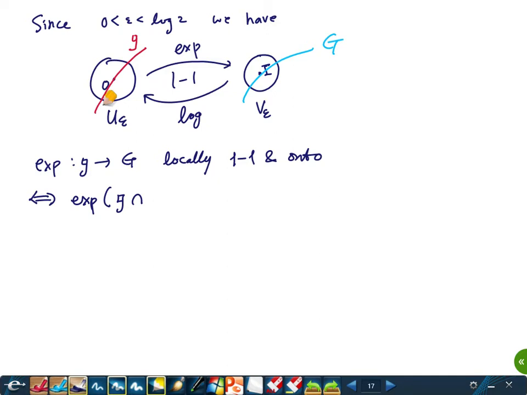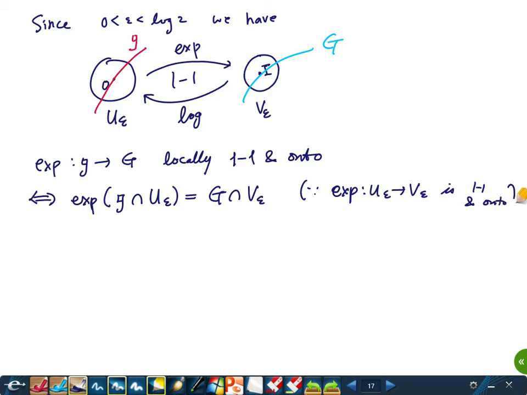But anyway, we want to know that this intersect U epsilon equals G intersect. If this is true, then it's going to be locally one-to-one and onto. Why? One-to-one is already satisfied because exp is one-to-one and onto.